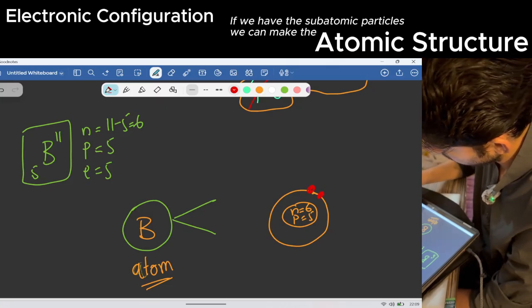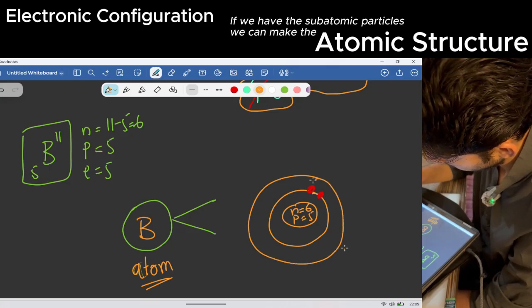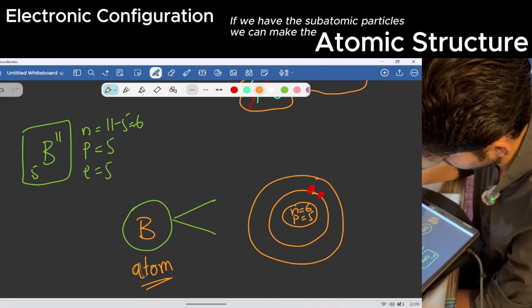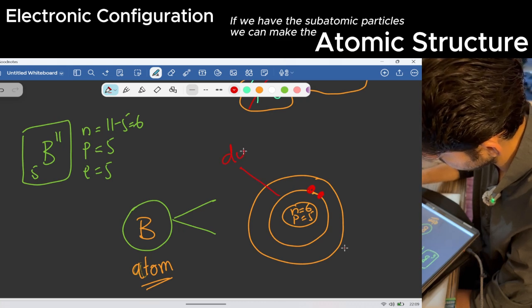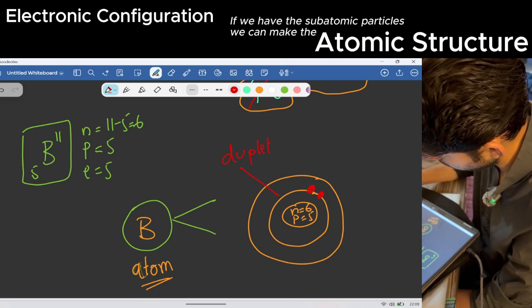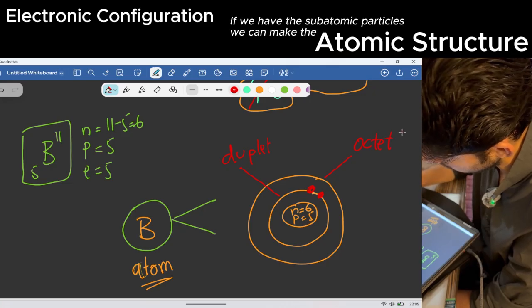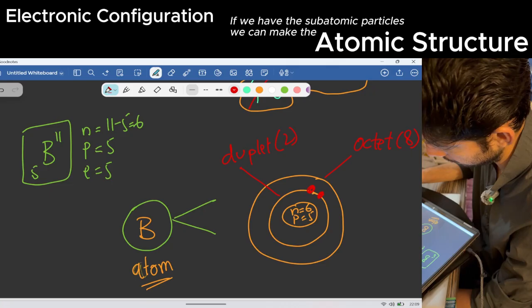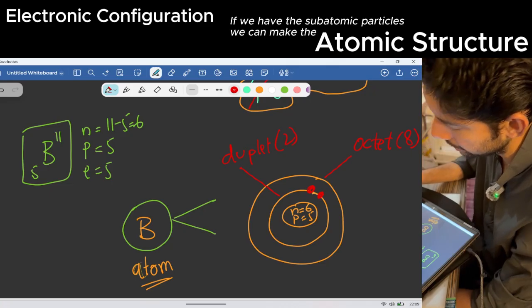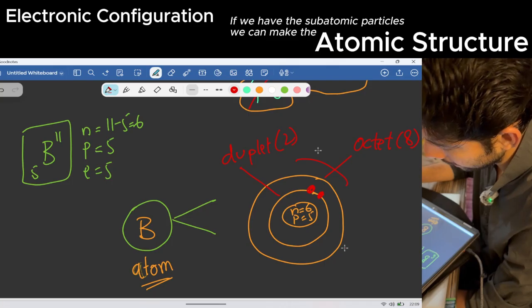Whereas the second shell is an octet. Always remember, the first shell is a duplet, whereas the second shell is an octet. So an octet can accommodate 8 electrons, whereas a duplet can accommodate 2 electrons. Similarly, the other shells like the third shell and fourth shell will accommodate 8 electrons.